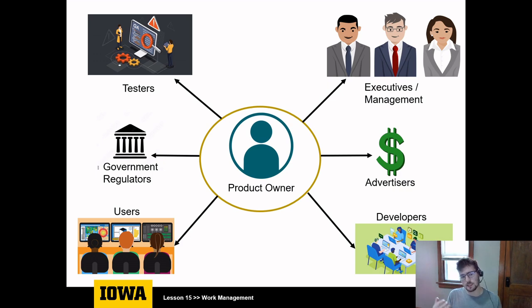And the idea of the product owner is they're responsible for balancing all these influences as best they can in deciding what the vision of a software product should be, and ultimately deciding what work or what features get added to a product. So it's not always as clean as this diagram.